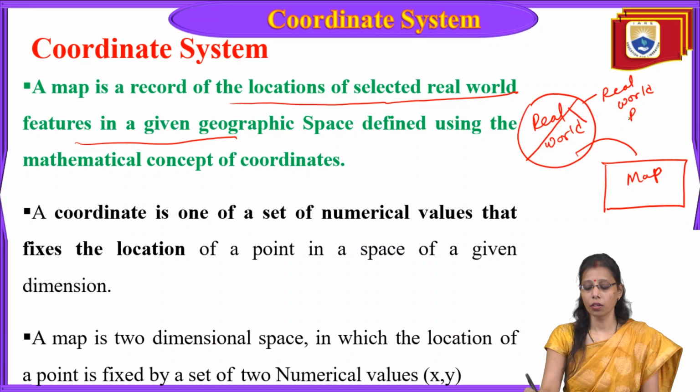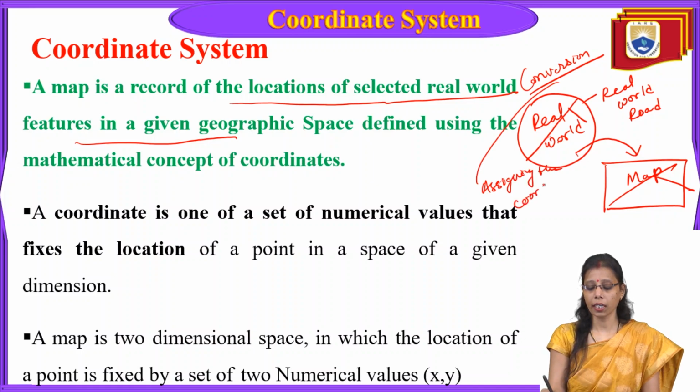This real world road has to be converted to the map. So it is selected from here and transformed to this map. This conversion we call assigning the coordinate system. We are assigning the coordinate system to the map.